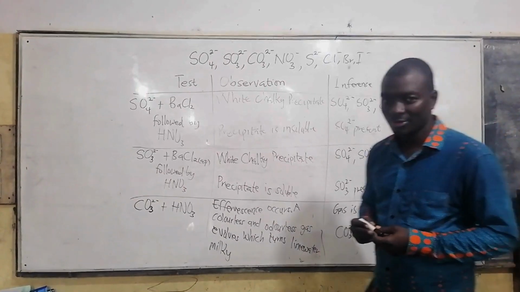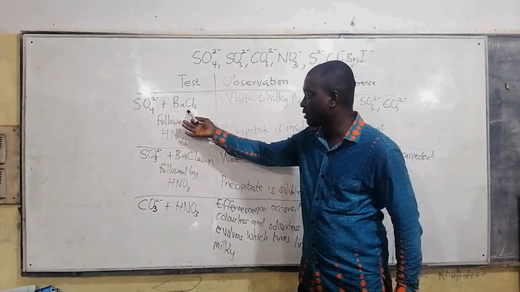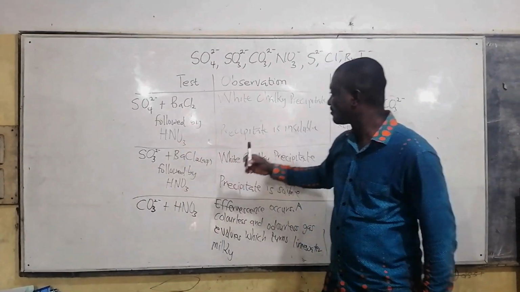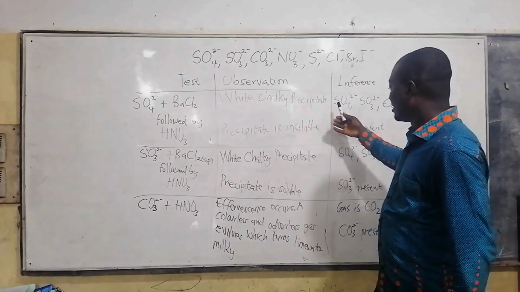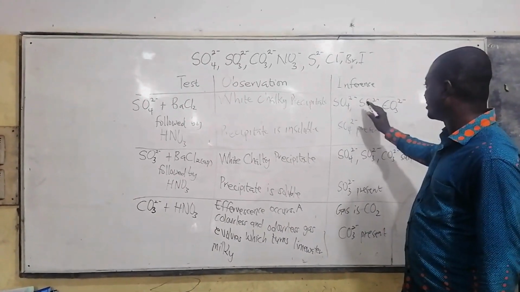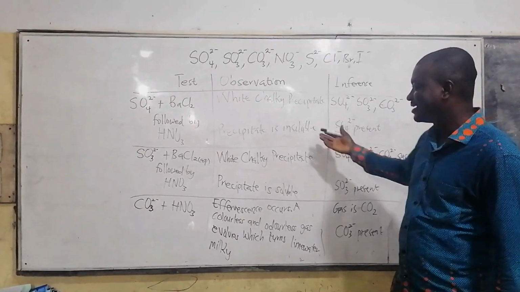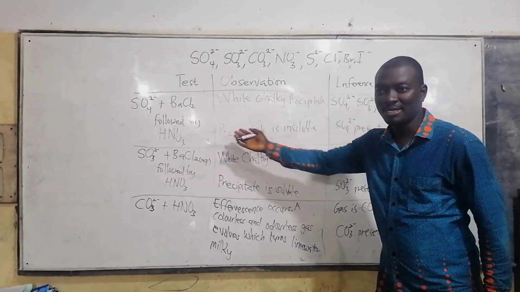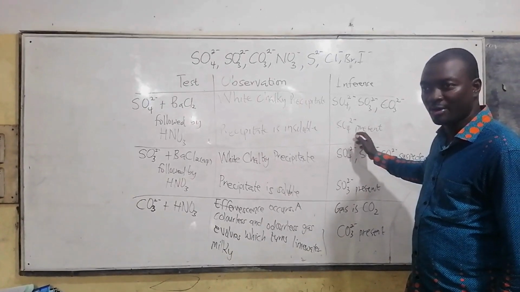So a quick recap. SO4 2 minus, we add barium chloride followed by HNO3, and you're going to observe a white chalky precipitate. At this juncture, we are required to suspect SO4 2 minus, SO3 2 minus, as well as CO3 2 minus. The precipitate will be insoluble, implying that SO4 2 minus is present. With SO3, similarly, but the precipitate will be soluble.